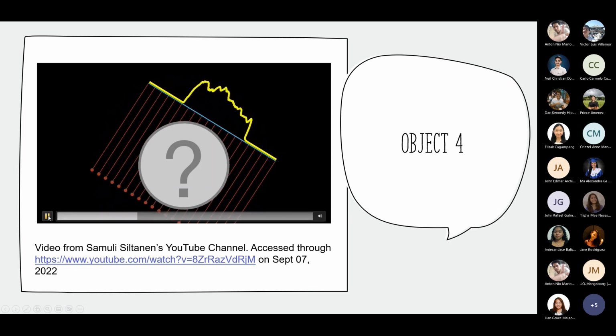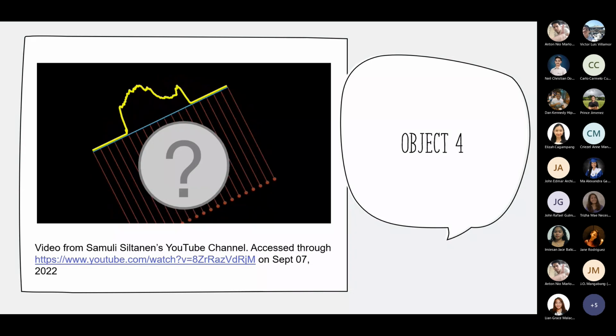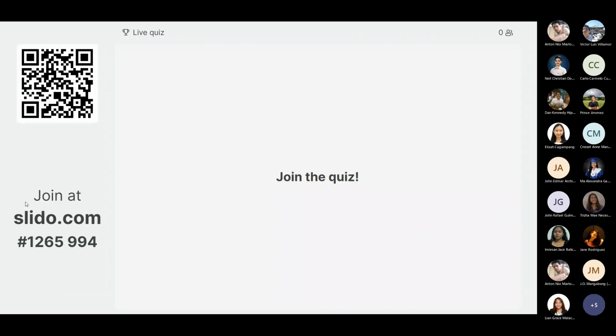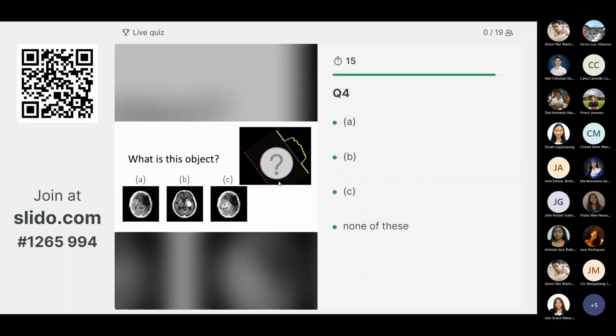Actually, ito yung pinakamahirap. Okay. Ito yung options. Brain na merong missing parts, brain na may tumor, o brain na may unicorn.